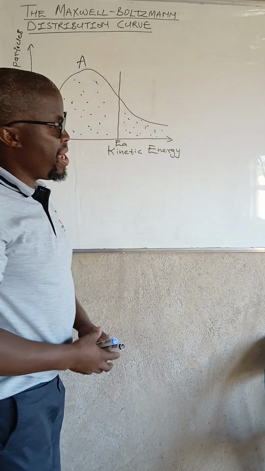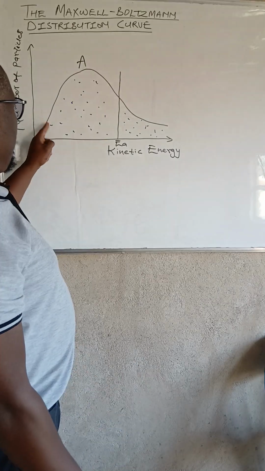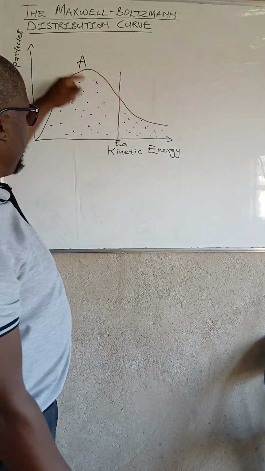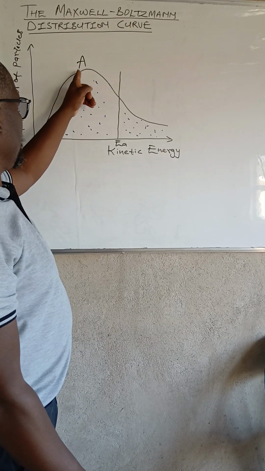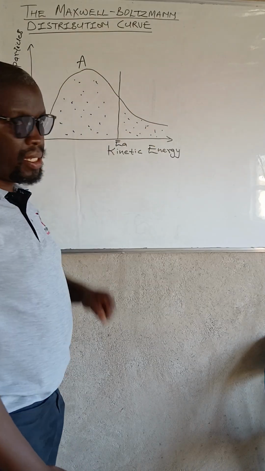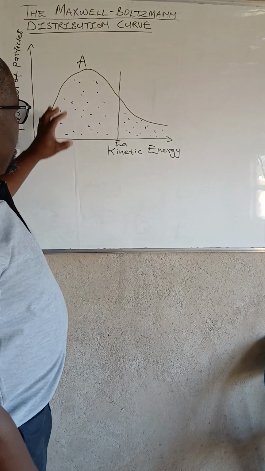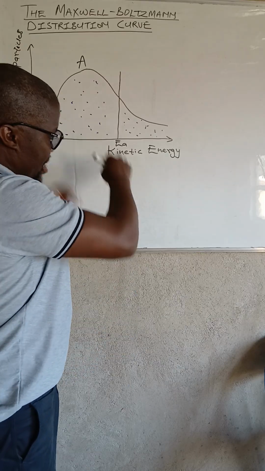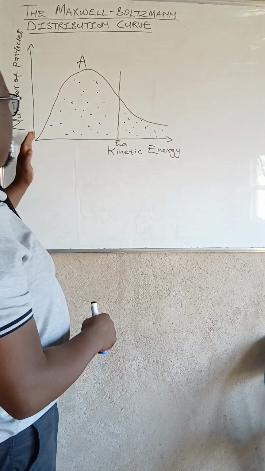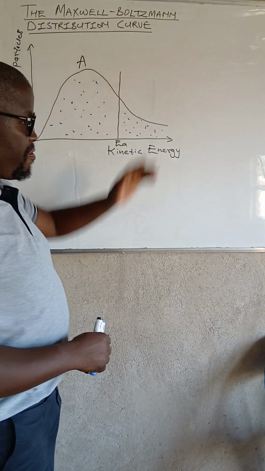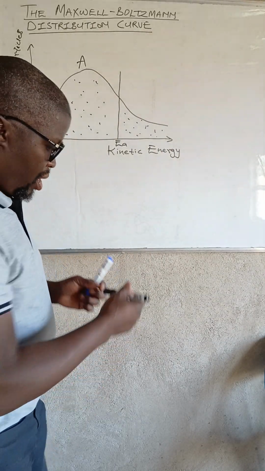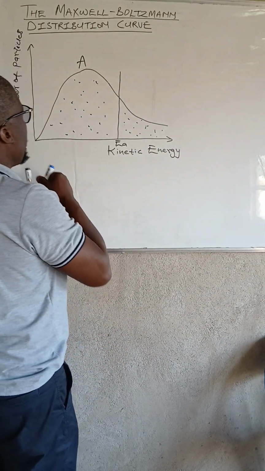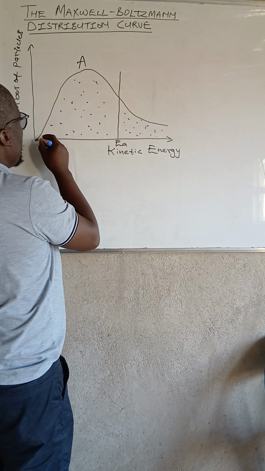So what is going to happen is that the curve has got steepness at different points, right? If temperature increases, you're going to find that the steepness of the curve decreases at different points. So you're going to have something which will look like this.